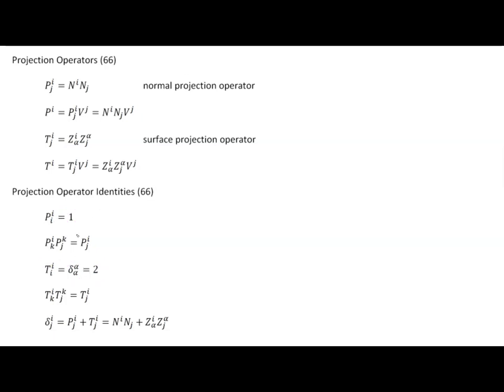Okay, and then both of these operators exhibit this behavior. If we contract them with themselves, if we apply the operator to itself, then it's just going to result in the operator again. It absorbs this k index here, this dummy index, in the same way that would happen if these were delta factors. Delta ik kj would give us delta ij. So these work the same way. And finally, the sum of the two operators added together gives us the delta function like this.